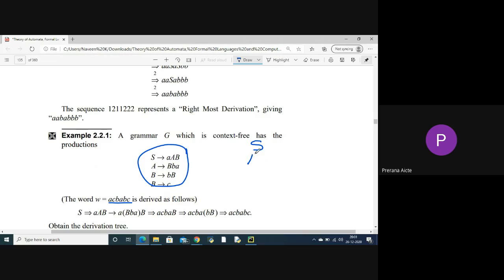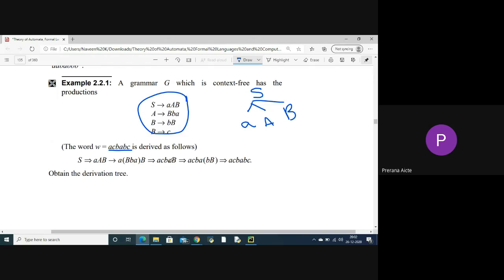S tends to AAB, and A tends to, I need to replace only B, B, B, A. So capital B, small a, and again I need to replace this B with small b, capital B, small b, capital B, and finally we need C, right? So it is replaced by C.